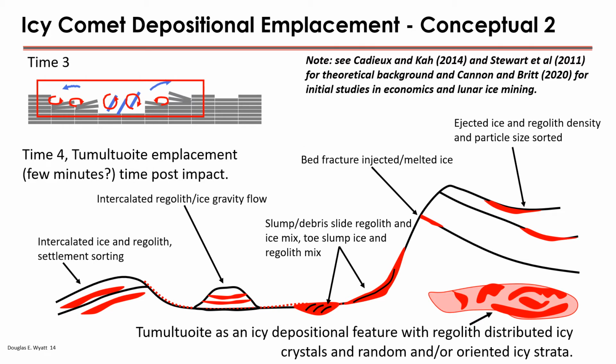You have distributed ice, probably from fallout, but you also have tumultuously deposited ice from the impact, mixed with the sediment in various tumultuous shape forms. They can be bedded, they can be circular, they can be ball shaped, they can be various structures depending on the turbulent process at the time. And this, I believe these exist. I believe you can predict where they would be located.